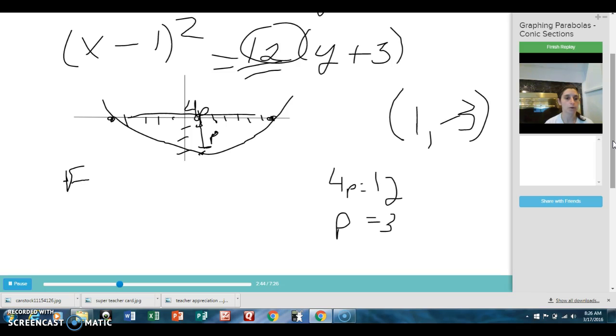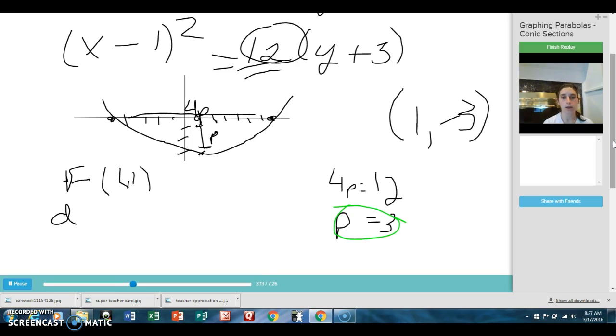We have to write down the ordered pair for the focus. So remember, I just went up 4 from my vertex. So I am at 1, 1. And then we also need to come up with the equation of our directrix. Now, the directrix is a line, so it has to be written as an equation, and it is also this focal distance away from the vertex.